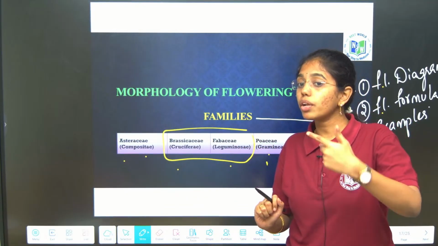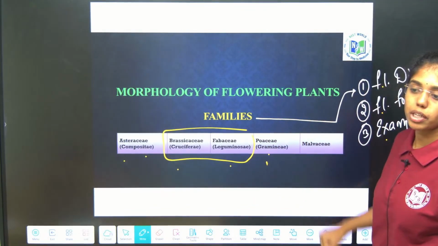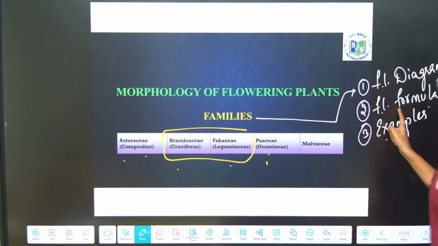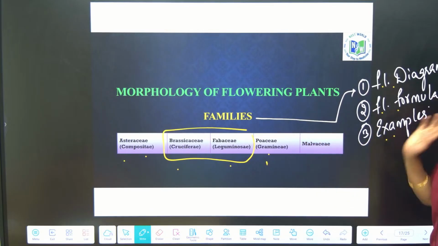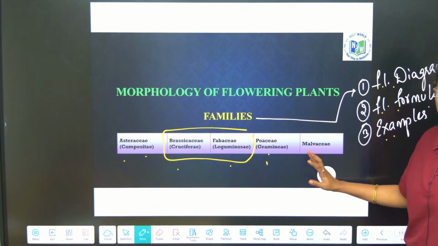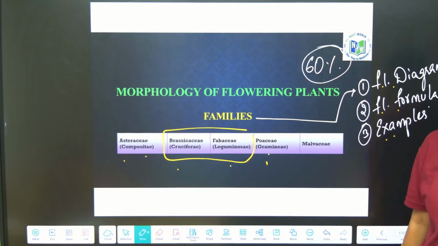But if I have to revise morphology for you, first you have to start with families only. Because when you start with families, in floral formula, floral diagram and examples, when you are comparatively studying the characters, you will finish off floral characters and vegetative characters here itself. If you have finished the comparative analysis of families, remember 60% of morphology is in your hands.